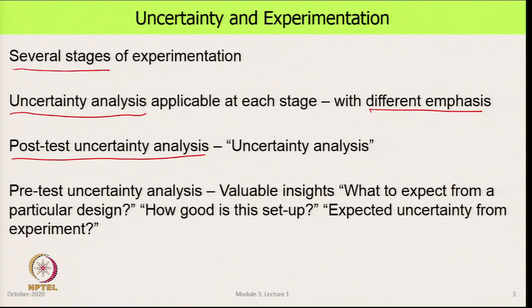In common parlance, when people say that uncertainty analysis or this is the uncertainty, it almost always implies that this is post-test uncertainty. So, while this is quite common, saying what is the uncertainty, it always refers to the post-test uncertainty.